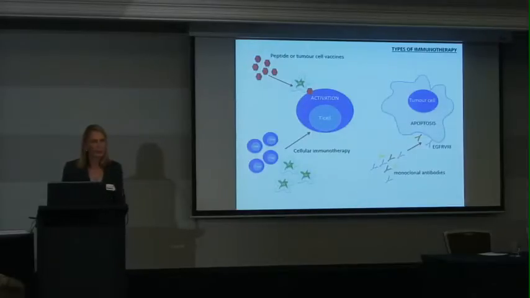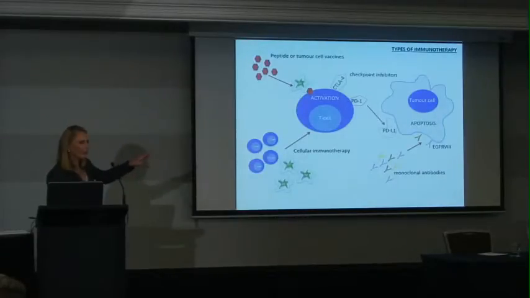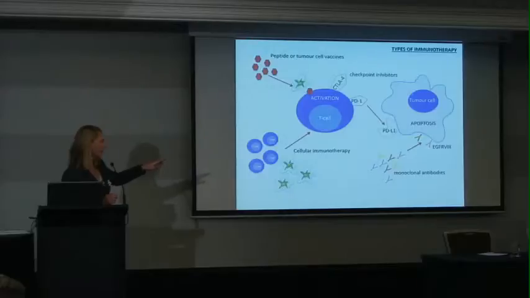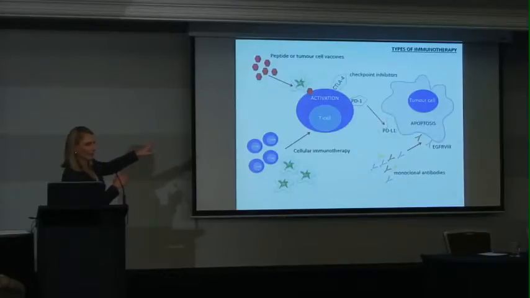Now, one of the most promising areas of immunotherapy now are these badly drawn checkpoint inhibitors. What the tumour cell has, which is so annoying, is that they have these programmed death ligand receptors, and they bind to the T cell PD1.